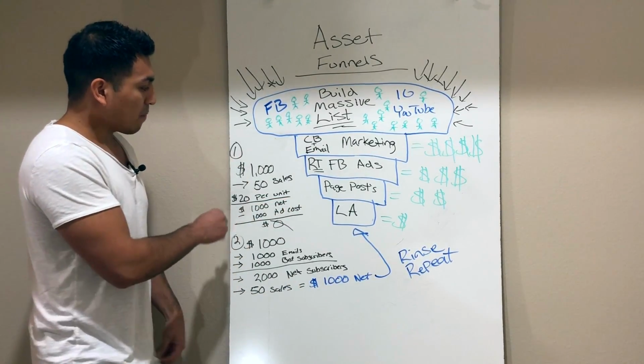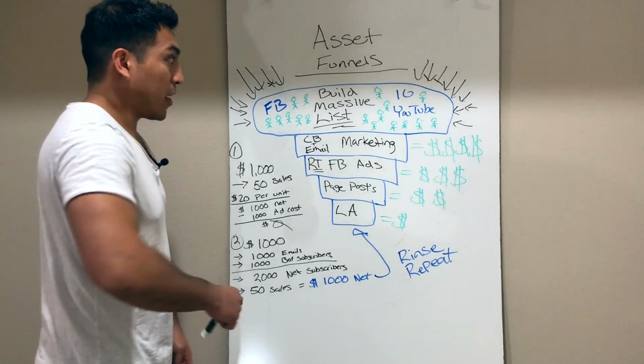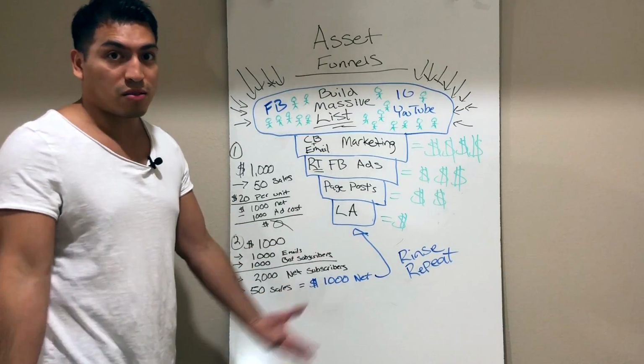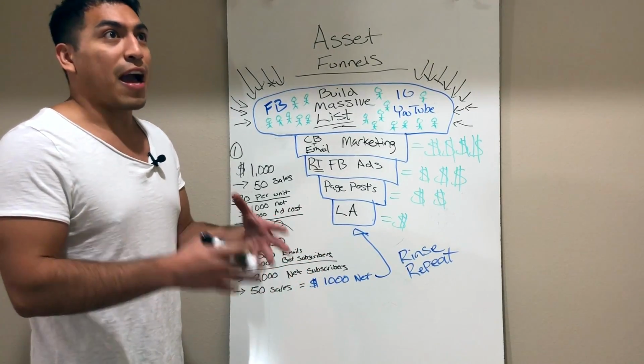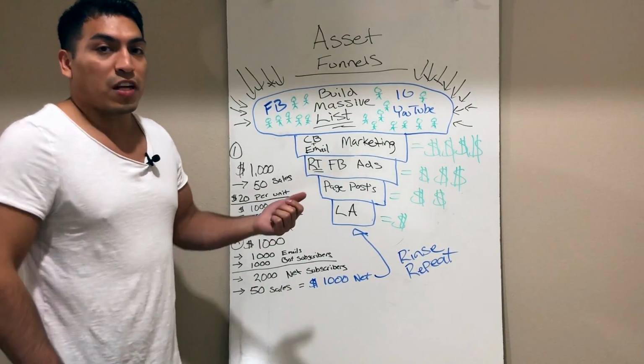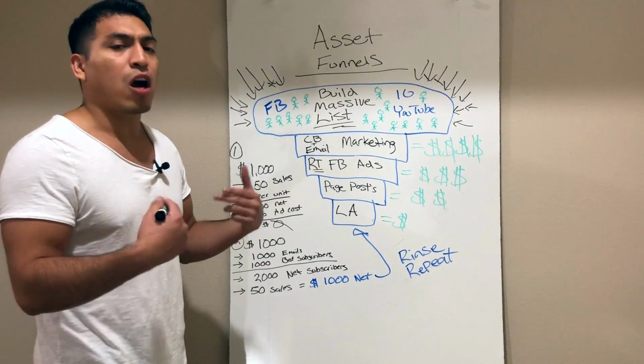For every $10, you'd have to make one sale, and that might cost you $5,000, $10,000, $15,000, $20,000 or more in Facebook ad spend just to get those 100 sales, because the pixel on Facebook starts to gain traction after about 100 events.